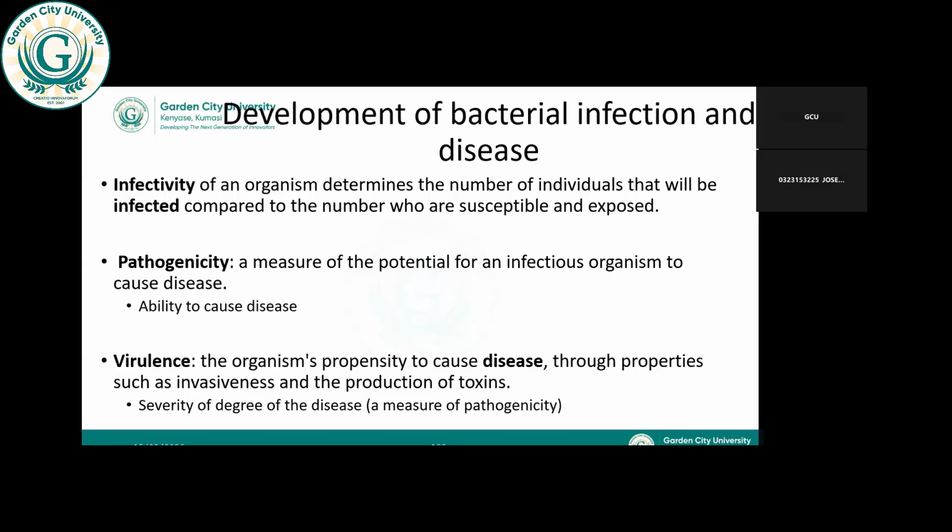Yes, sir. So that's pathogenicity: moving from the infection stage until the disease is established. Infection is multiplying and invading. Then we come to virulence, the degree of that disease, the severity.